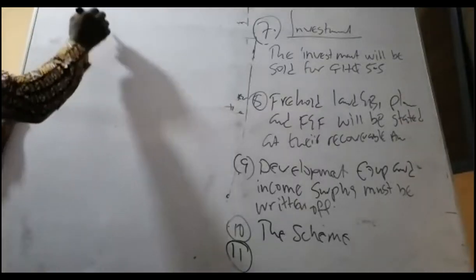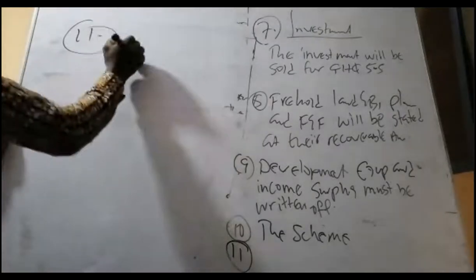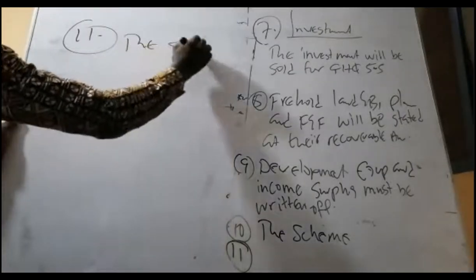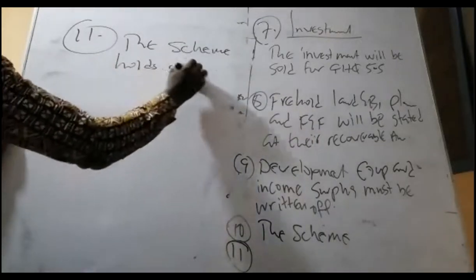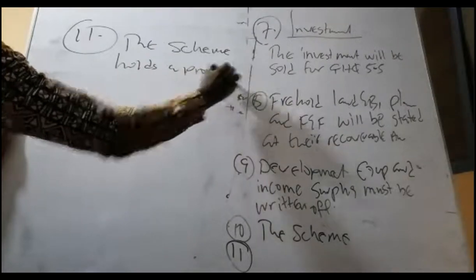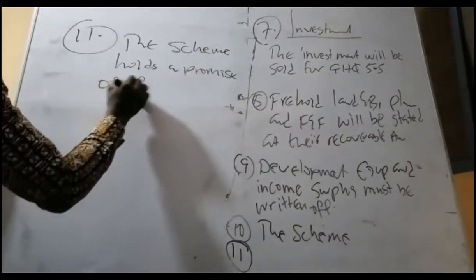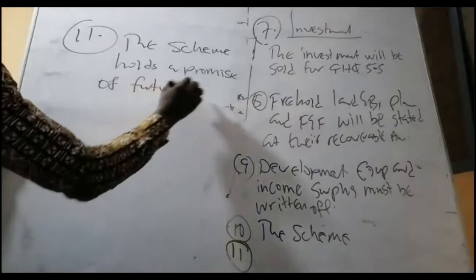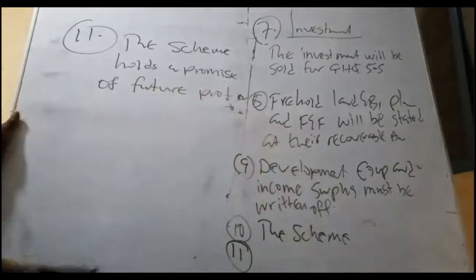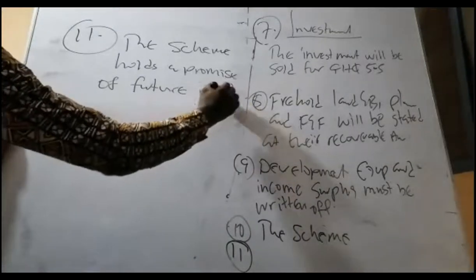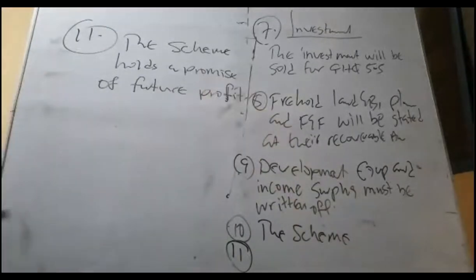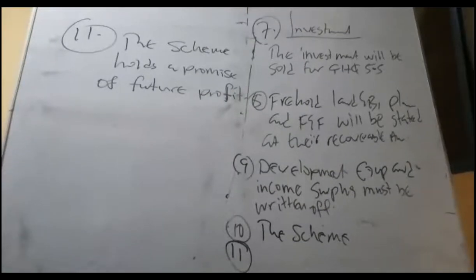Point 11, I'm writing it here. Tell the examiner that the scheme holds a promise of future profits. You are done. It means that when they implement this scheme, in future they will get profits. That's the end of the proposed scheme for 10 solid marks, starting from the B to here. You are done.